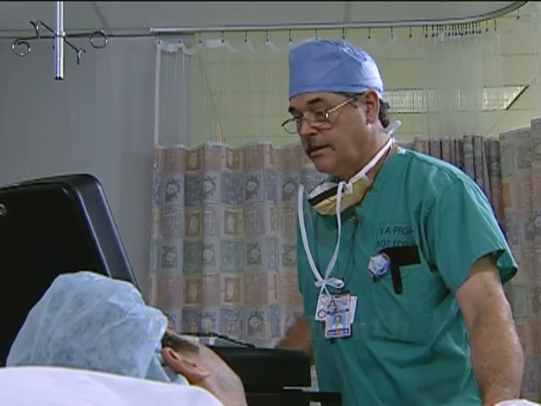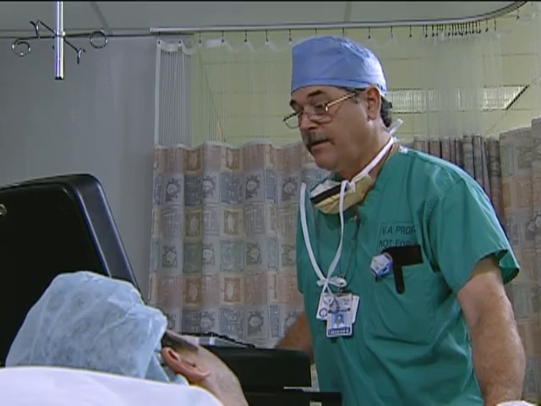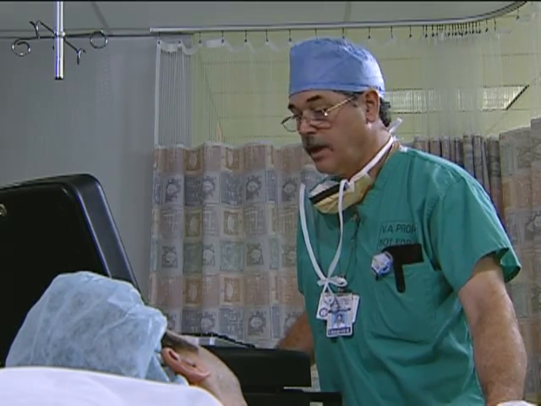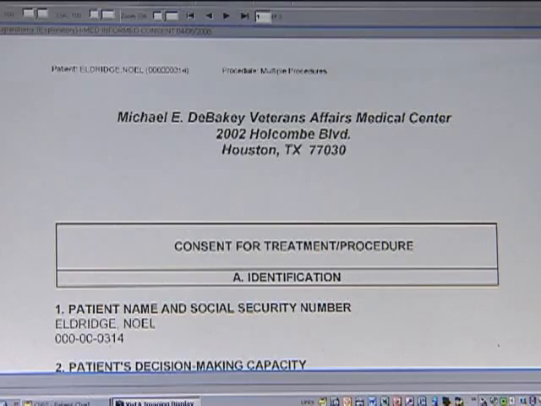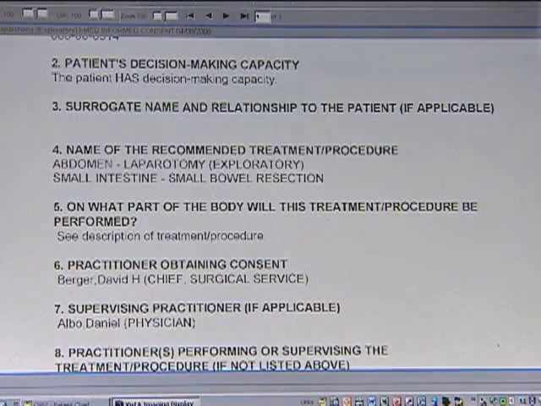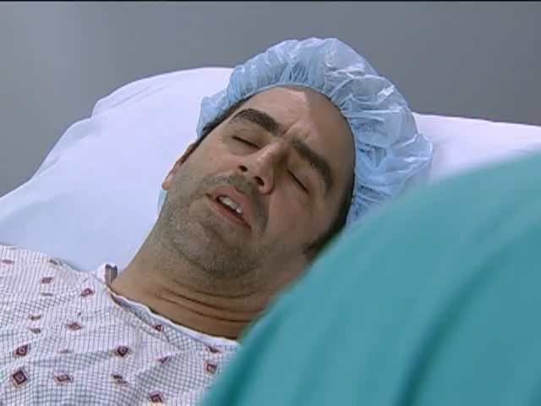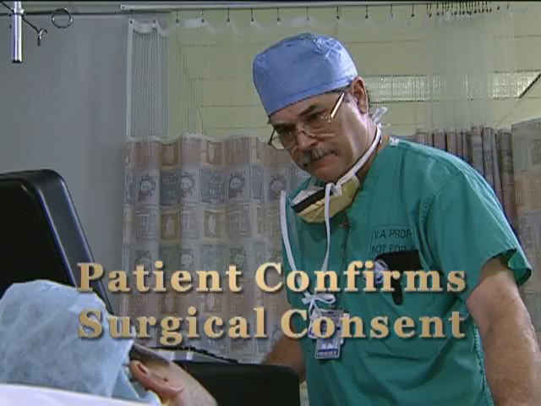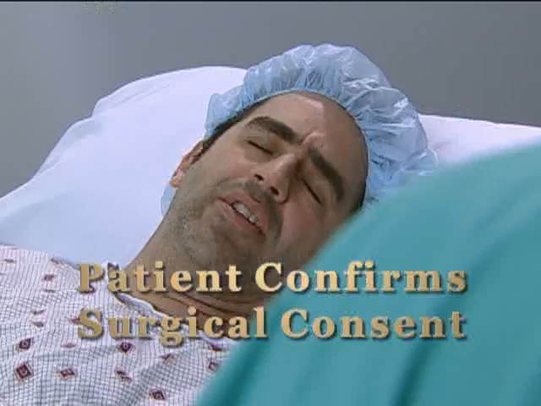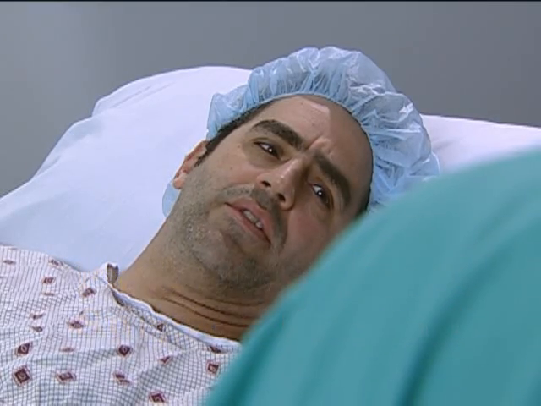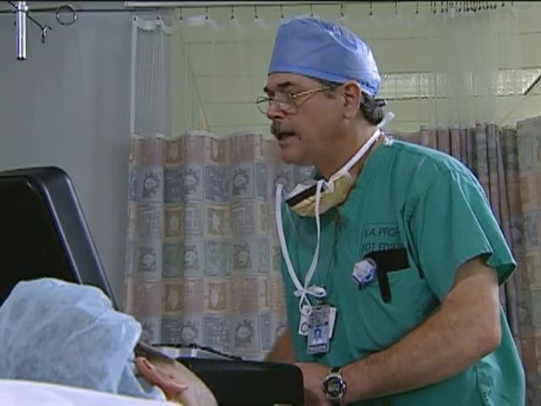Yes, Mr. Eldridge, that's all I need, and it matches what I have on our documentation in the computer and on your wristband. Now I'm reviewing your surgical consent form. Would you mind stating for me in your own words what operation you'll be undergoing today? Well, the way Dr. Alba described it, my intestines are blocked up from my first operation in 1991. Okay, so what is Dr. Alba planning to do?